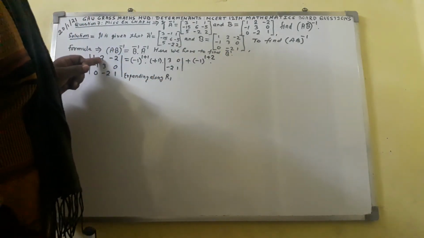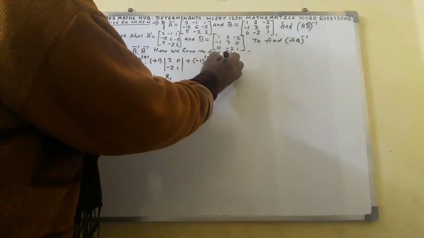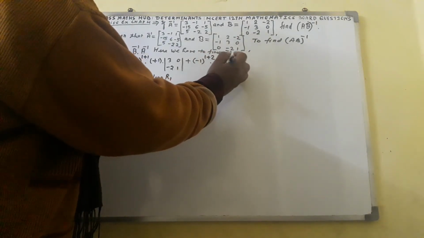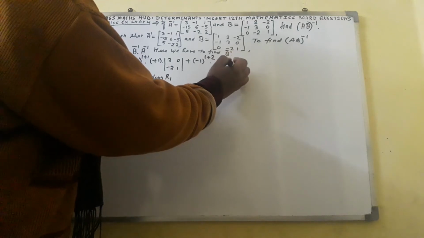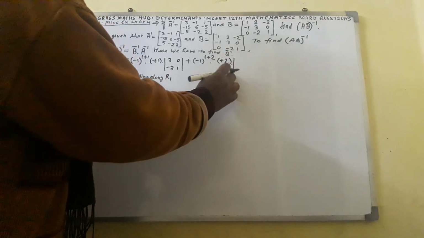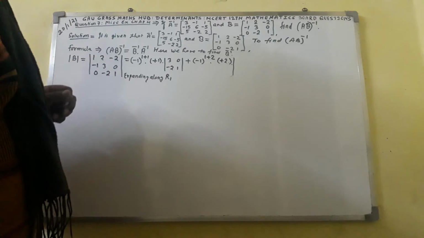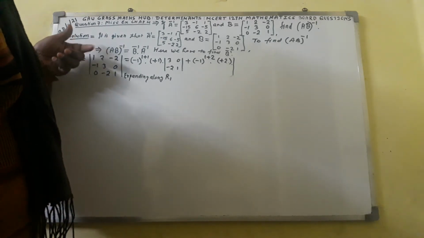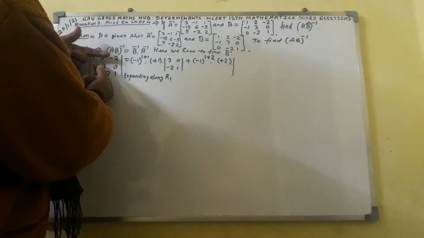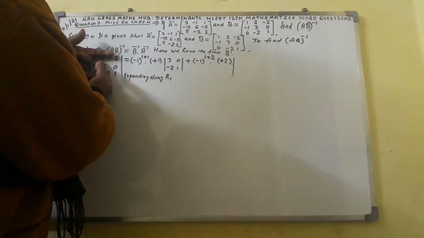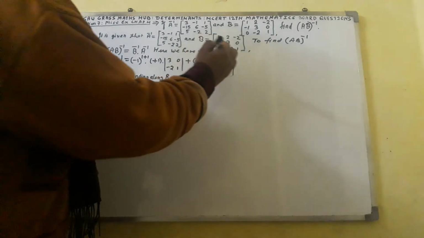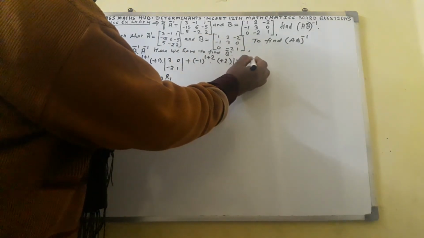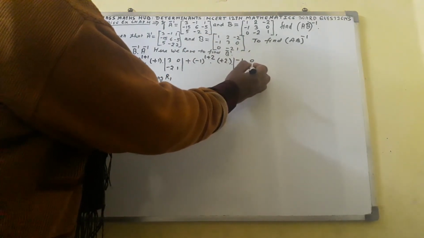This element 2 will be written as it is, +2. Now get the minor of +2. 2 is in first row and second column. The first row and second column will be hidden. You will get the minor of +2 as -1, 0, 0, 1. So here I shall write -1, 0, 0, 1.